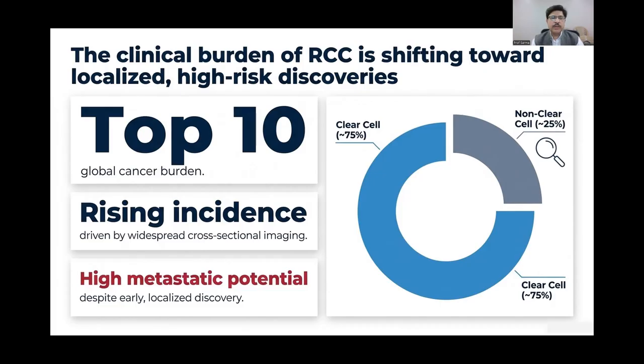Today everybody is being imaged; the moment a patient walks in for a health checkup, we do an ultrasound, and we do a CT whenever it is necessary. This means that the findings of renal masses are increasing. Also, we know that renal cell carcinoma has a high metastatic potential despite early localized discovery. This paves the way to a greater understanding of this particular thing.